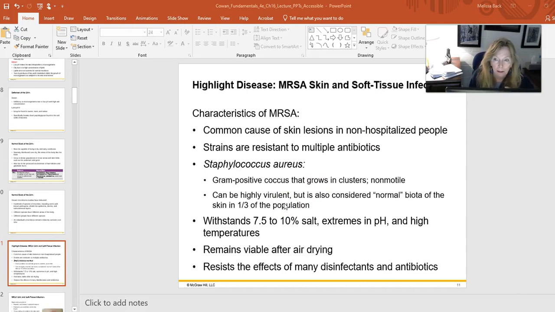These are microbes that can be part of the normal microbiome, but when the skin is insulted or the person's immune system is compromised, something can change that situation, and then those organisms start to overgrow and become opportunistic pathogens.